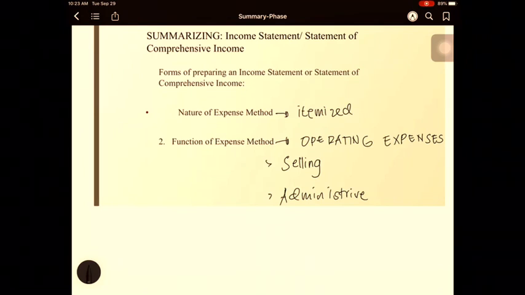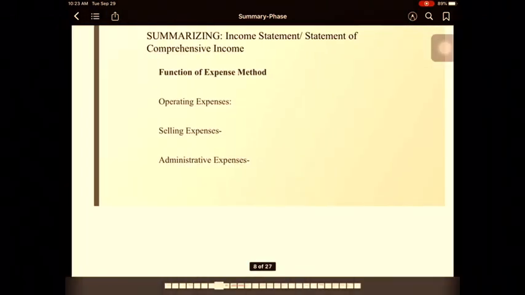So the nature of expense method is usually used in a service type of business, while the function of expense method, since we have selling and distribution expenses, is usually applied by merchandising or manufacturing types of businesses. Let us discuss further the types of expenses when we use the function of expense method.